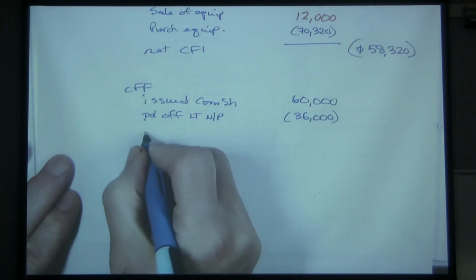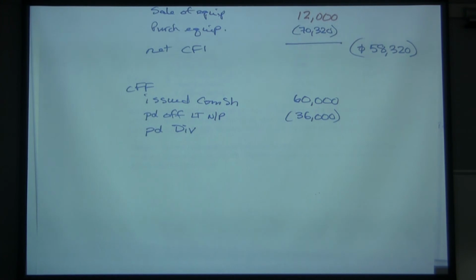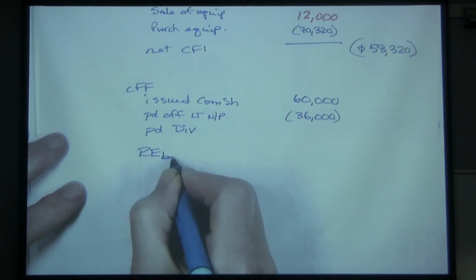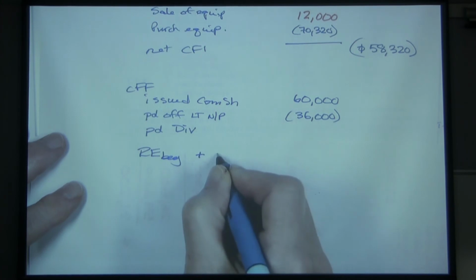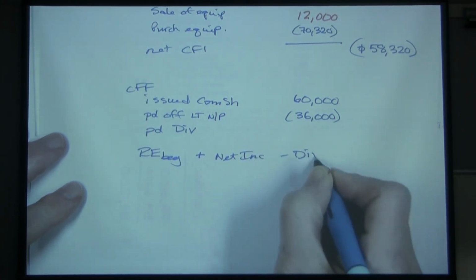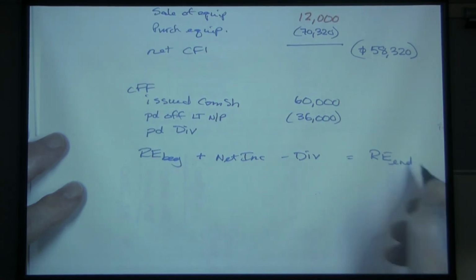And more than likely we paid dividends. So we're going to do the same calculation with retained earnings to figure out our dividends. So let's do that. We have beginning retained earnings plus net income minus dividends paid equals our ending retained earnings.